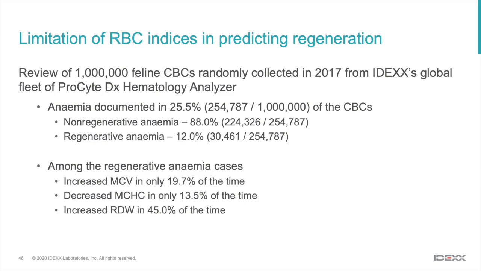But when we look at those 12% of regenerative anemias based on a reticulocyte count, remember the most objective measure of bone marrow responsiveness, only 19.7% of those cases have an increased MCV. 13.5% have decreased MCHC and 45% have increased RDW. But that RDW, remember, is the least specific for us identifying that immature population.